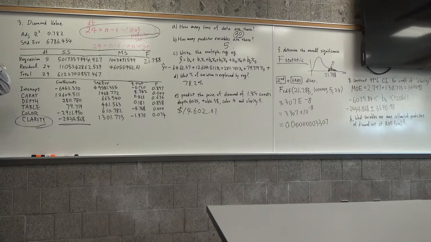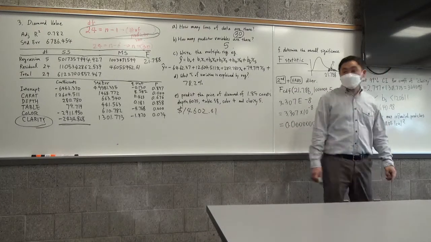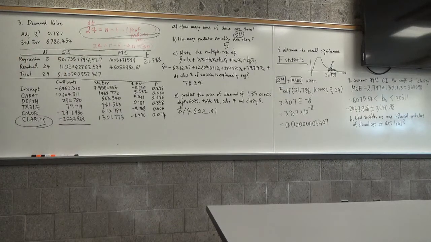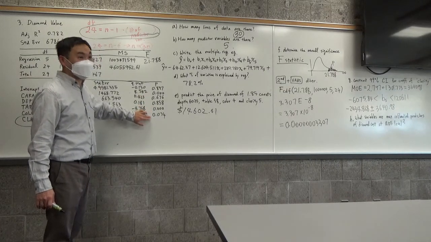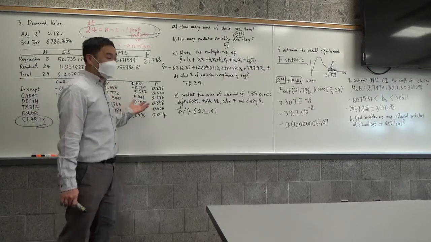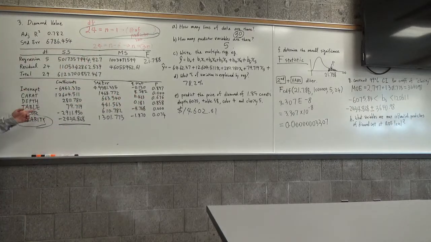Okay? So look at the p-value. If you're at 0.05 significance level, which one of these are significant? Carat and color. Carat and color, those are below 0.05, right? These are not so significant. They're actually not so trustworthy. So if I were to run this multiple regression and looked at this output, I'm going to run this multiple regression again because I realize that the depth and table are not good predictors.